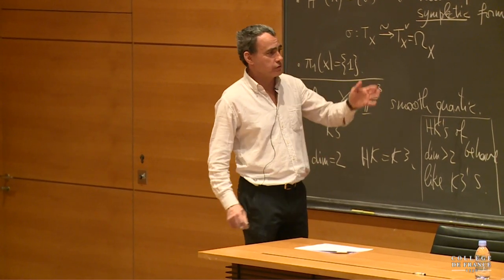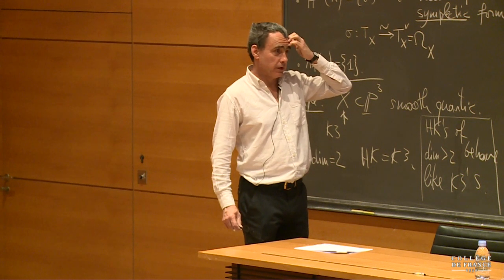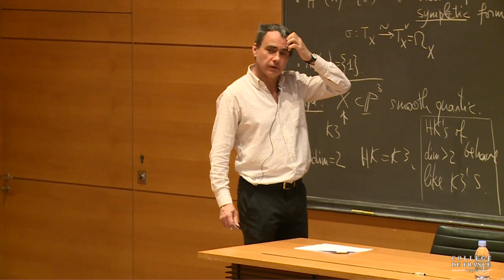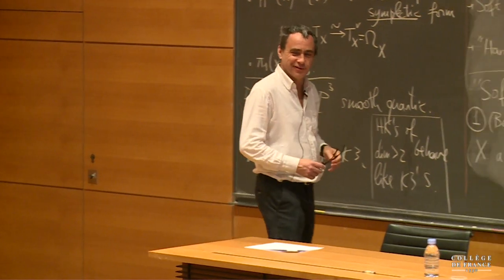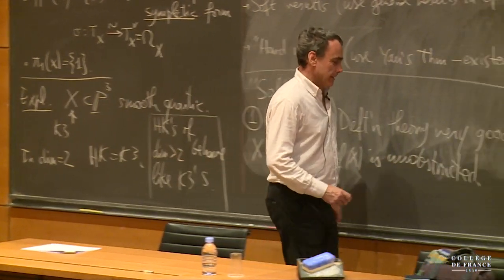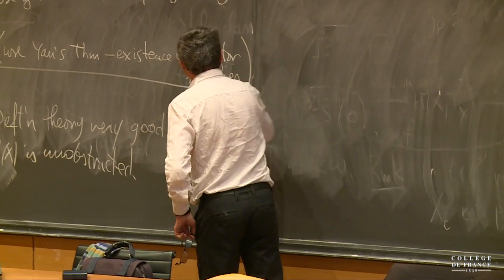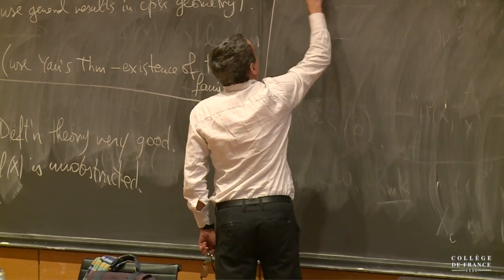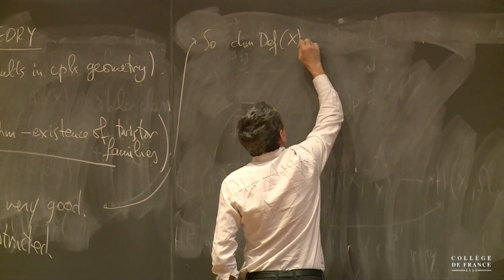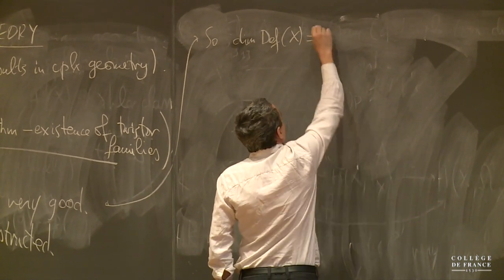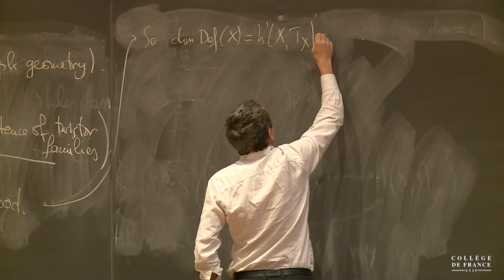Yes, you're right. So the existence of that twistor family gives an easy proof. I mean, using a very hard result, it gives you an easy proof. So in particular, what this gives is the dimension of H1 of the tangent, because it's unobstructed.